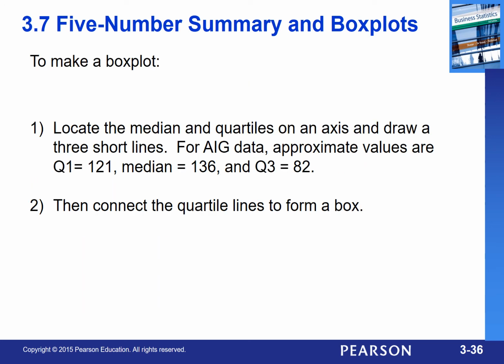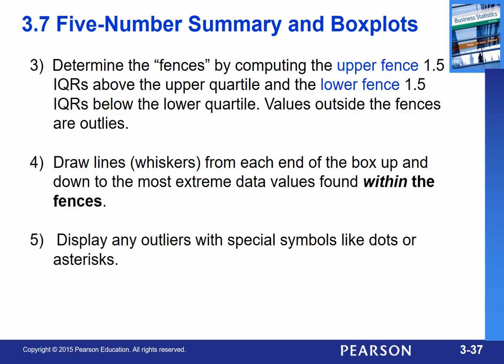So how do you make a box plot? Well, first you find the median, always. Median first. Then you find the quartiles. Draw those in there. And then you draw the box that connects all these to form the box. Now you need to worry about the whiskers. The whiskers are the harder part. So before you do the edges to make the max and the min, you need to figure out who's an outlier and who's not. And that's where a special formula comes in.